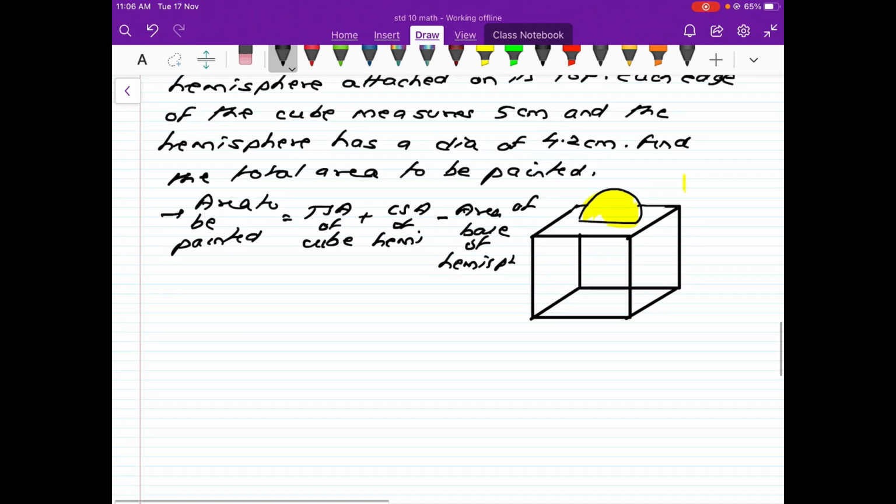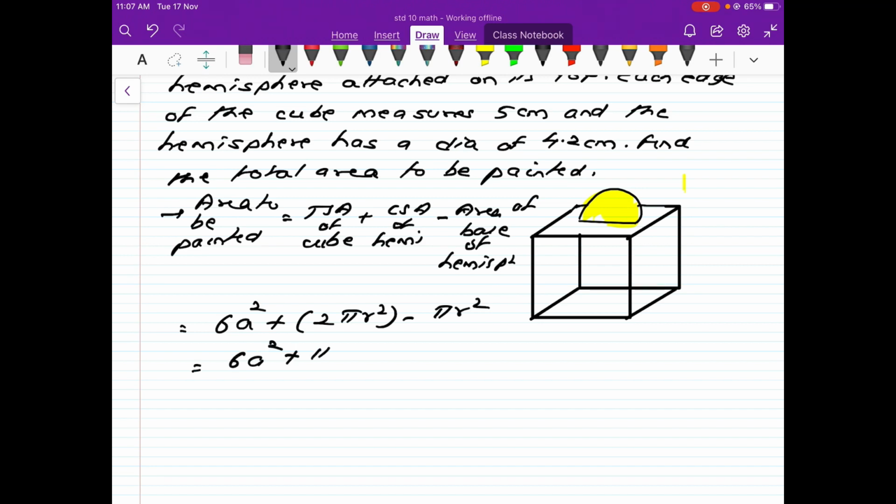So what we will do is we will start writing. Suppose 6a square is the total surface area of the cube, and the CSA of the hemisphere is 2 pi r square minus the base, which is pi r square, because it's a circle. So this becomes 6a square plus pi r square. See, after combining it becomes so easy.